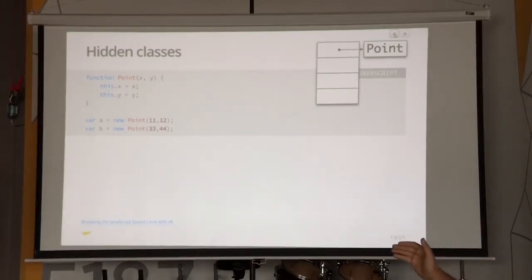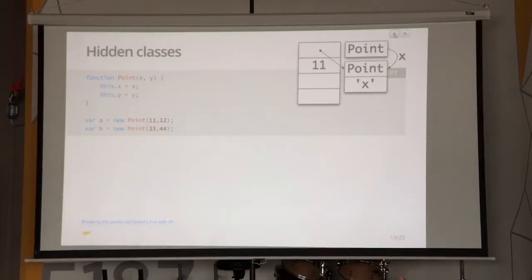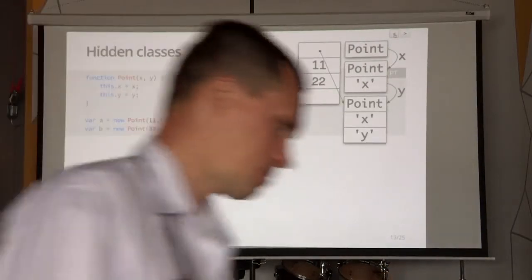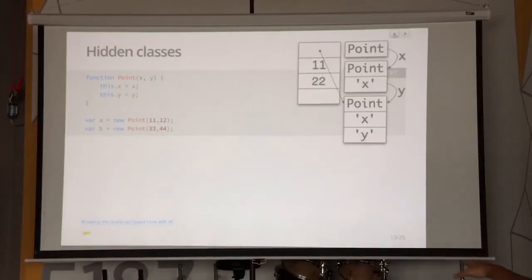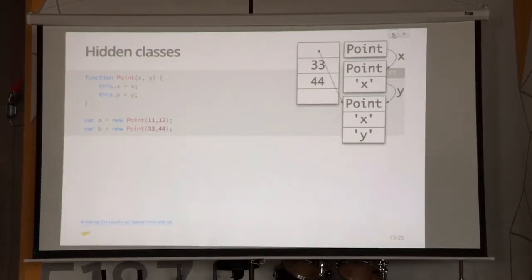First, you create a point object, and then it has an X property, then it has a Y property. That's the first call. And then when it's called again, this structure is cached. So when I call it again with 33 and 44, it already has it. So it runs fast. It's an optimization.